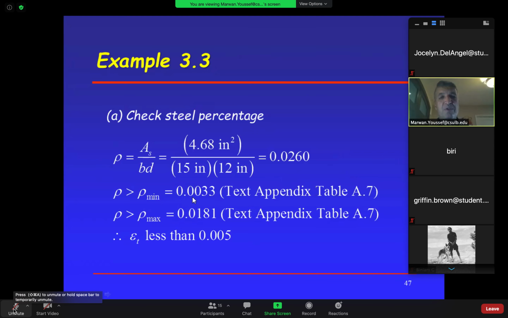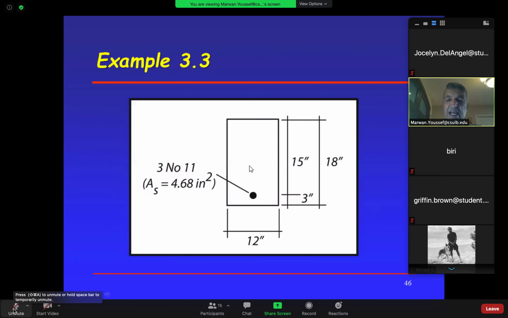So first thing we do is we check the steel percentages, rho, so we can compare it against rho minimum and rho maximum. So rho, we said it many times, is defined as the area of steel divided by B times D. So meaning that how much steel do I have with respect to the cross-section of the concrete?